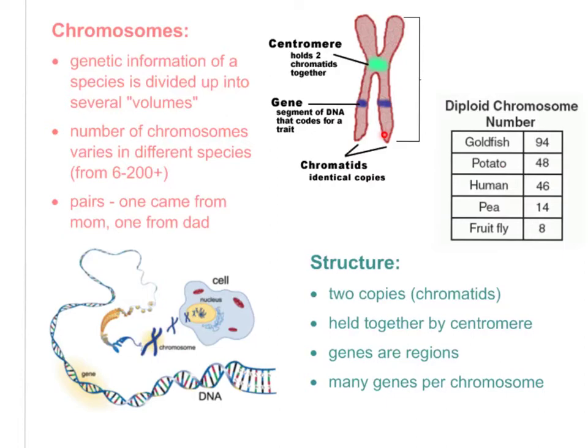A fruit fly only has 8. A pea only has 14. But just so you aren't wondering if your intelligence has anything to do with the number of chromosomes, a potato has more than us, 48, and a goldfish has 94. So that's just an interesting side note that different organisms all have different numbers of chromosomes.